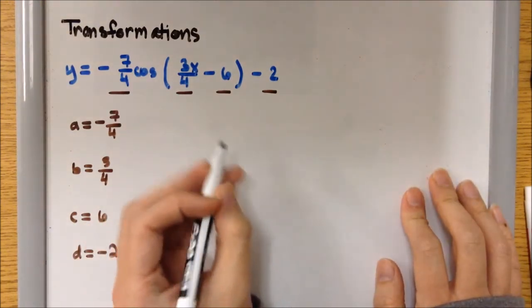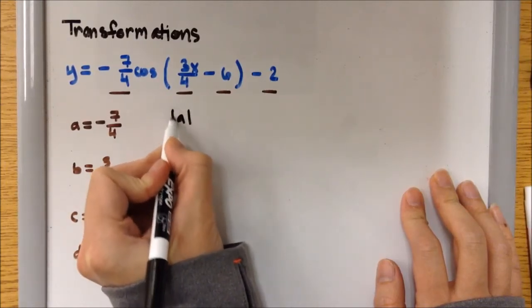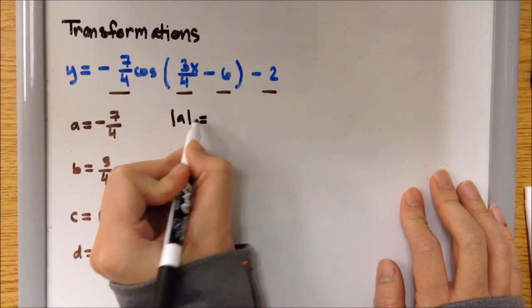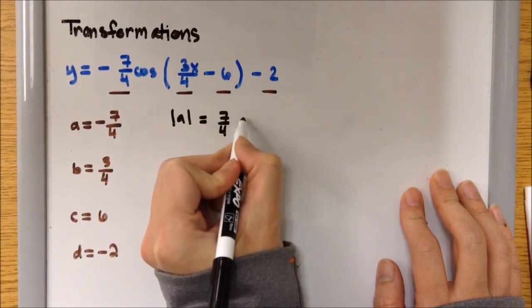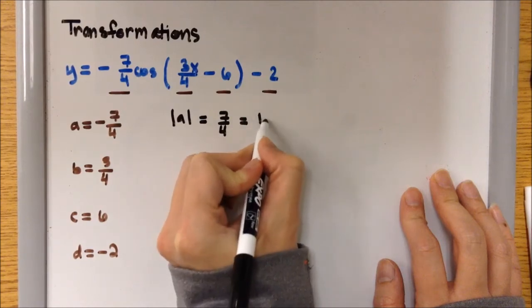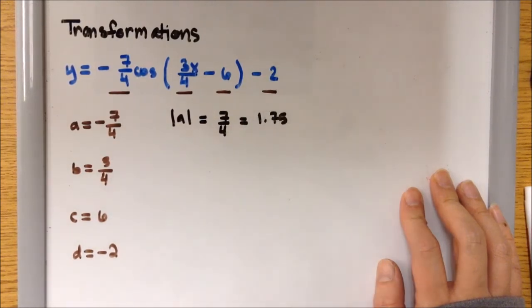When we do the absolute value of A, which is simply positive 7 over 4, 7 over 4 is equivalent to 1.75.